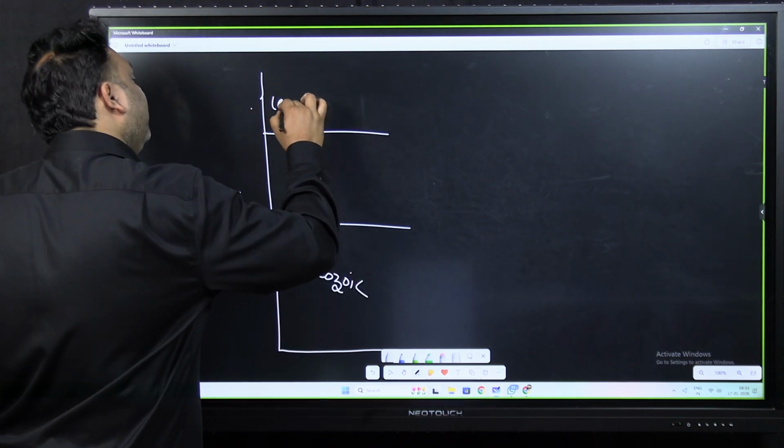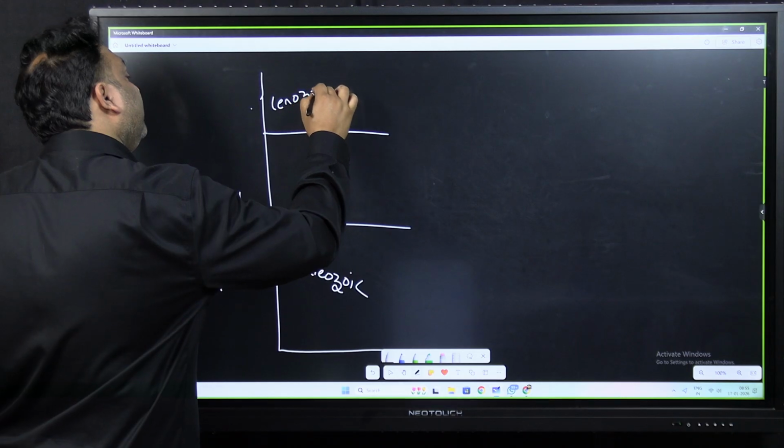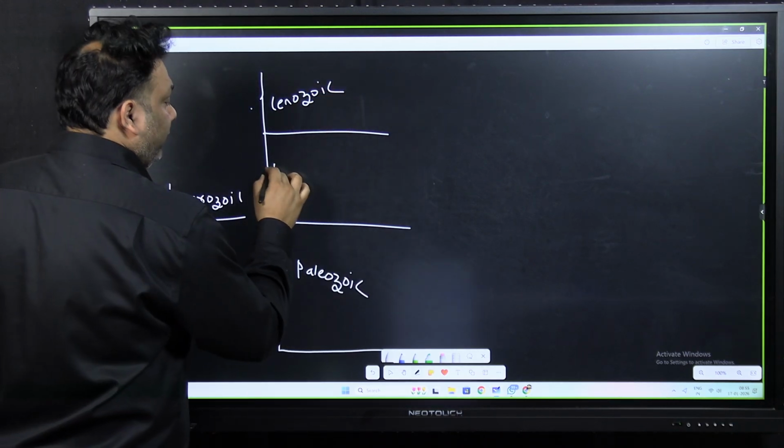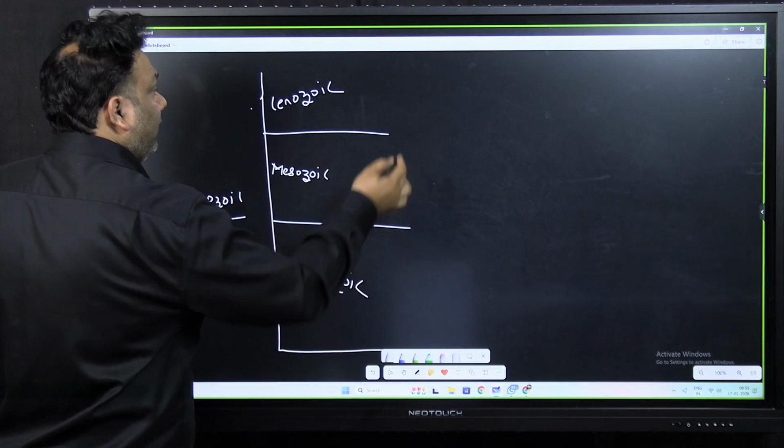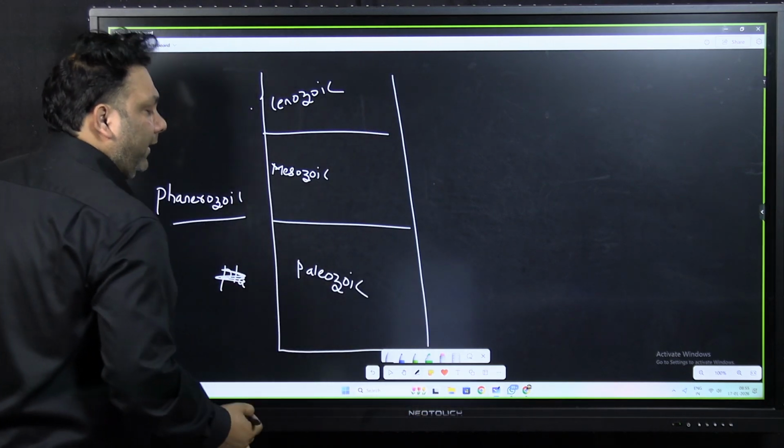Ceno means नया, Cenozoic. और जो बीच में है वो Meso होता है, Mesozoic. So Paleozoic, Mesozoic and Cenozoic.